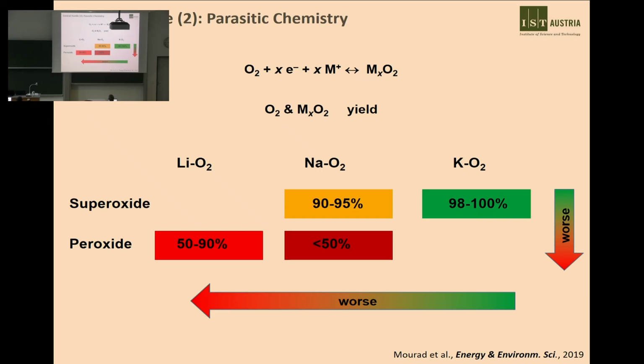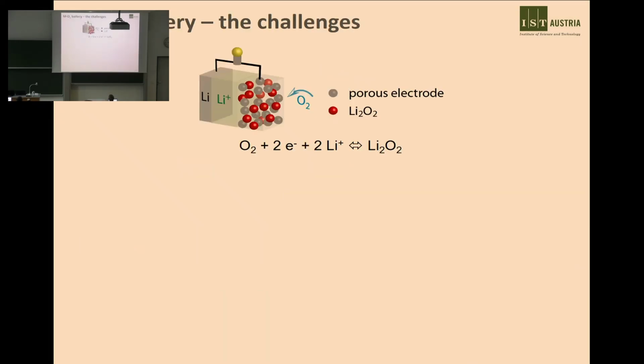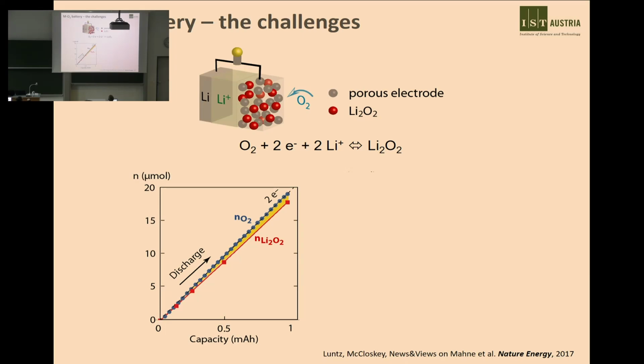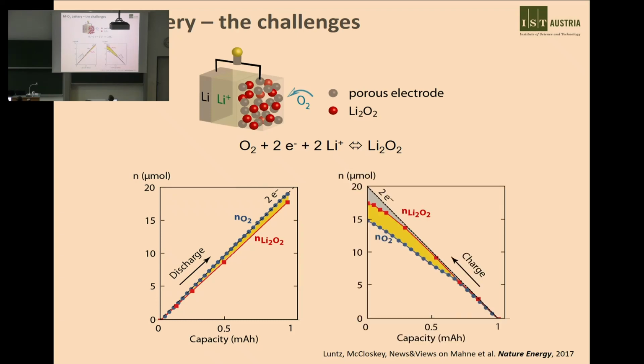And so, of course, people were thinking of what's the reason for this. And so this comes back to the known steps in the reaction mechanism. You see this parasitic chemistry, for example, here on discharge. So this would be the ideal stoichiometry, this diagonal line of 2 electrons per oxygen converted. But what we see typically per oxygen consumed, we have this ratio of 2, but there is less peroxide forming, and on recharge it's even worse.